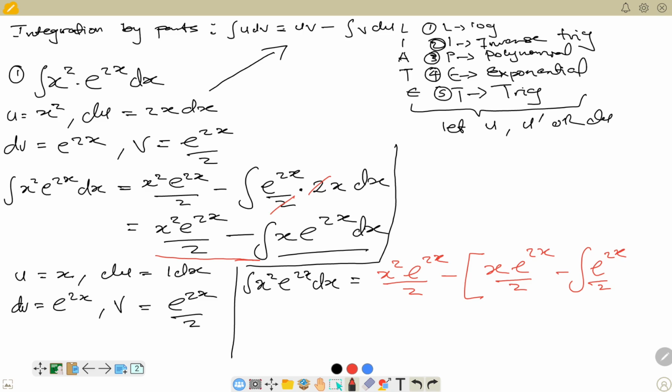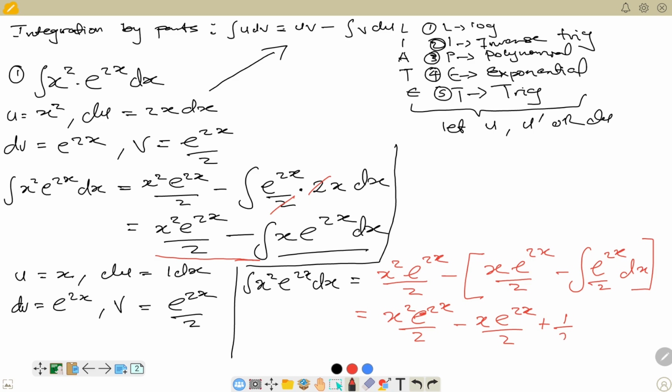Then du is just going to be dx. Then we close that bracket. From here, we can simplify by distributing that negative inside the brackets. Then we'll have minus x e to the power 2x over 2. This now changes to a plus.